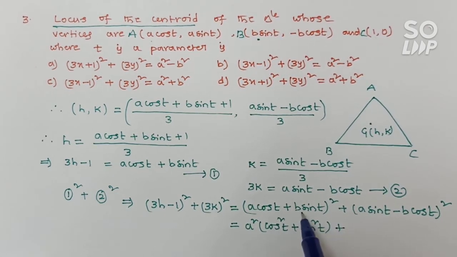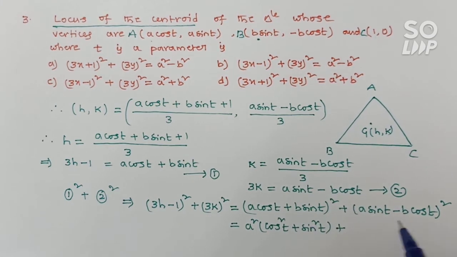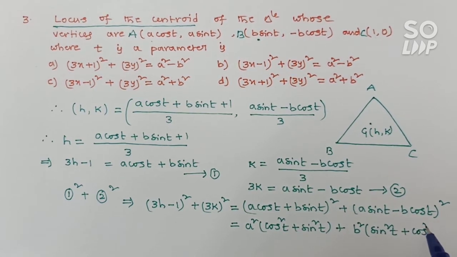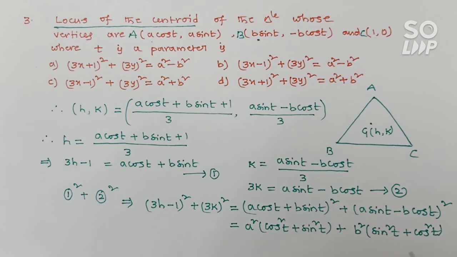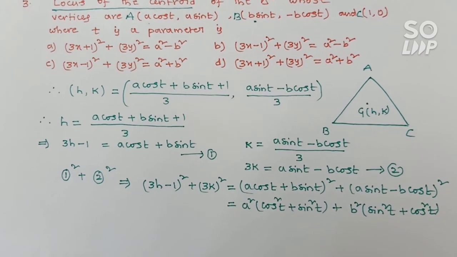Plus b square sin square t, and here b square cos square t. You take b square common: sin square t plus cos square t. Now, you know sin square theta plus cos square theta is equal to 1.